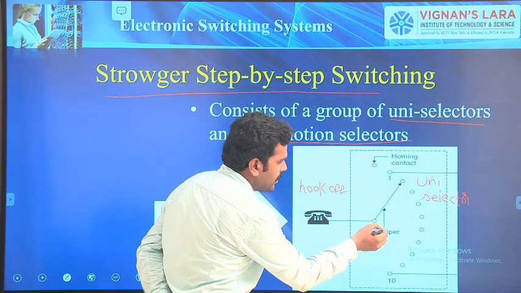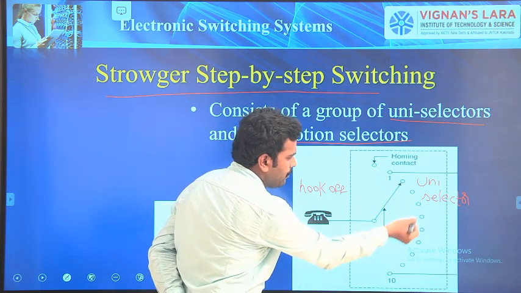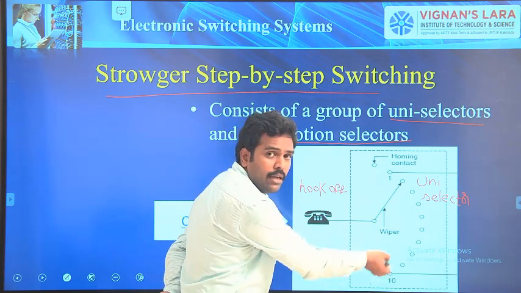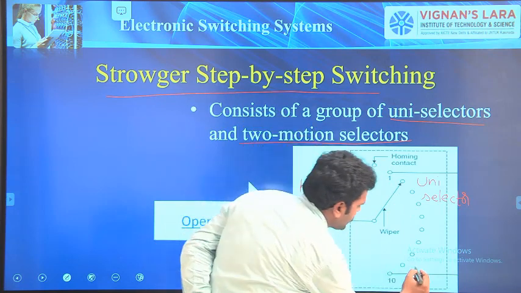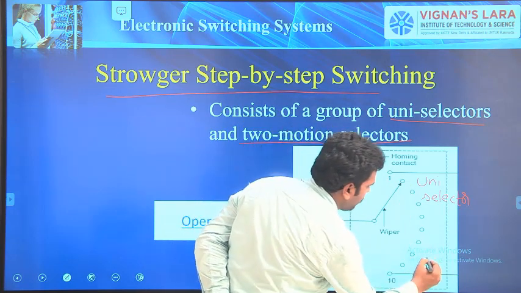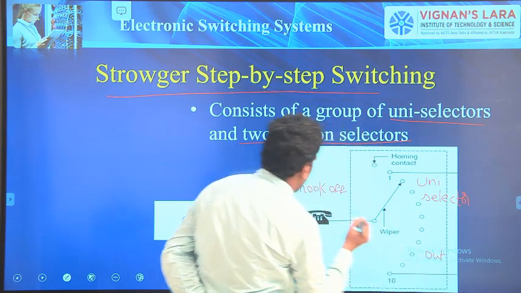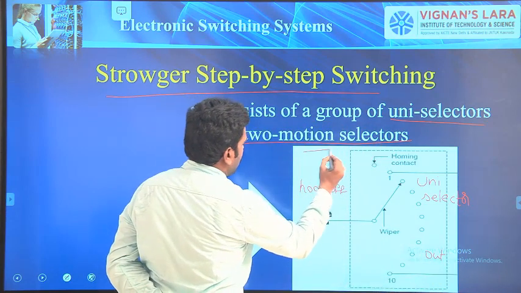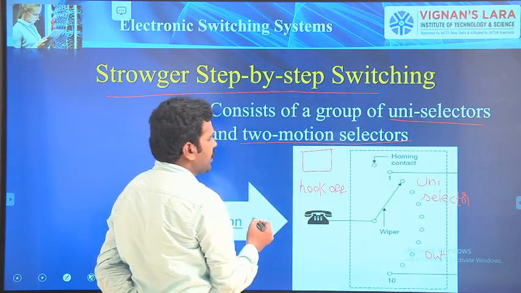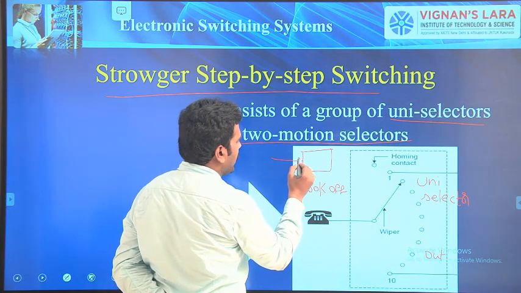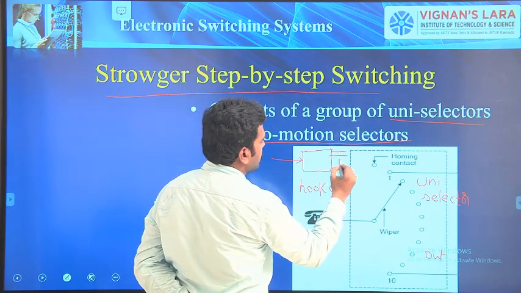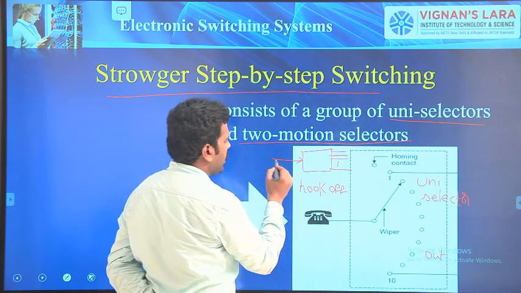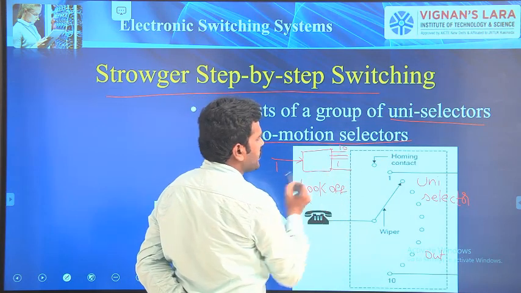This is called a wiper. It is going to search for a free outlet. We call them outlets, 0 to 10 are called outlets. So you can see, this is a uniselector switch, one inlet and 10 outlets.